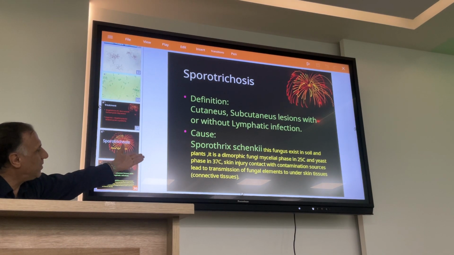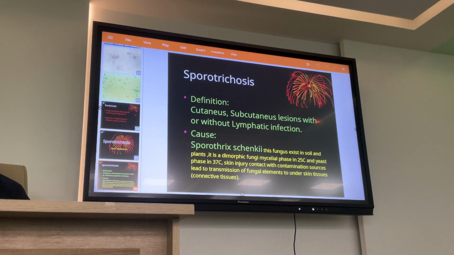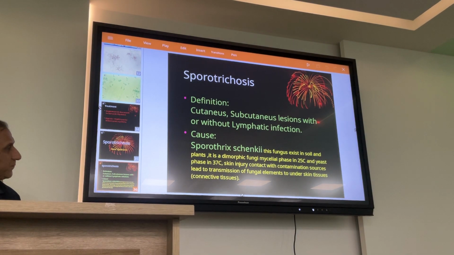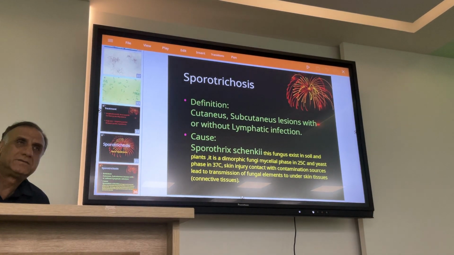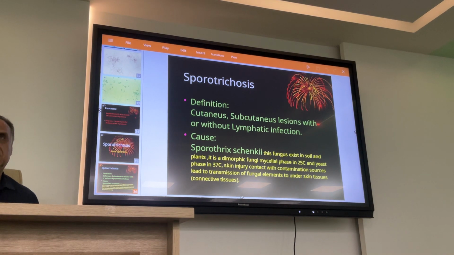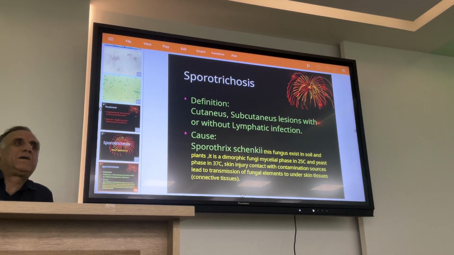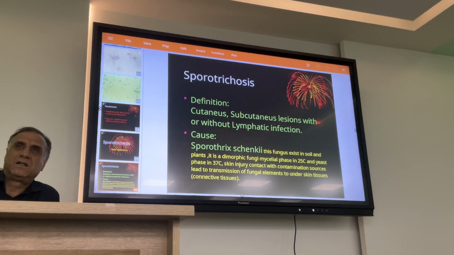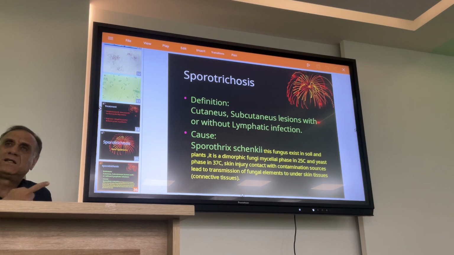The fungal cause of this infection is Sporothrix schenckii. Sporothrix schenckii is a dimorphic fungus. Do you remember dimorphic fungi? They have two shapes, mycelium and yeast.